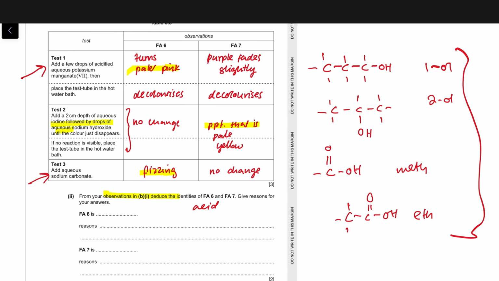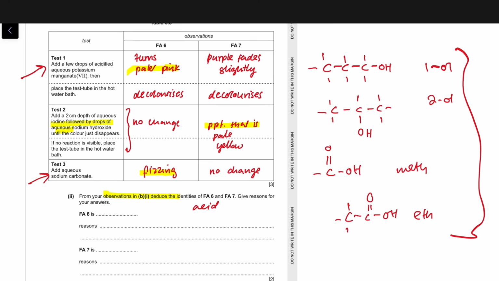Well, if we look at test 1, it turns paler pink, so it does react with acidified aqueous potassium manganate. Only methanoic acid would do this. Methanoic acid is a reducing agent, and it would react with our potassium manganate.